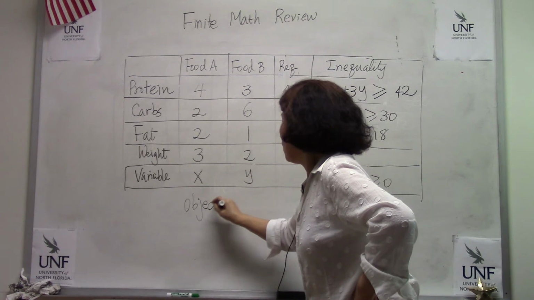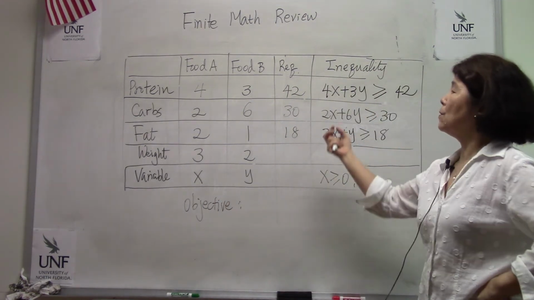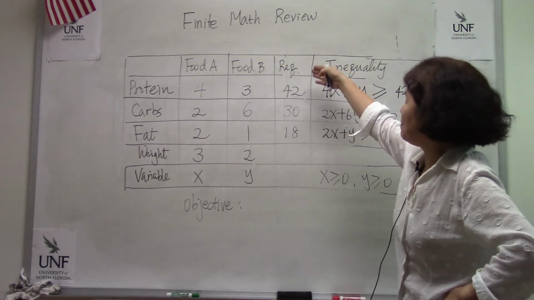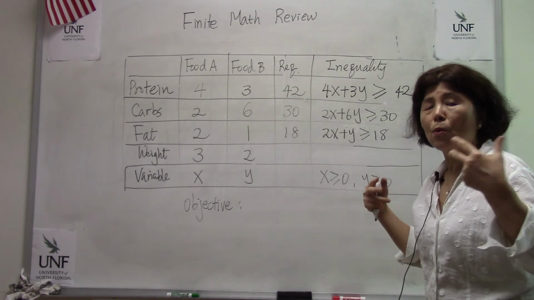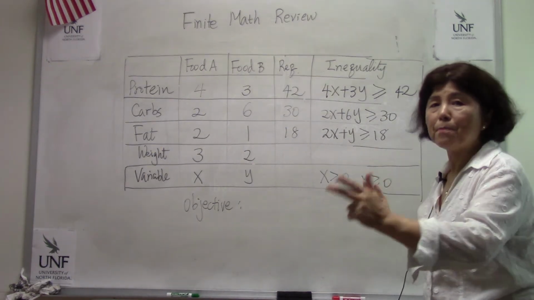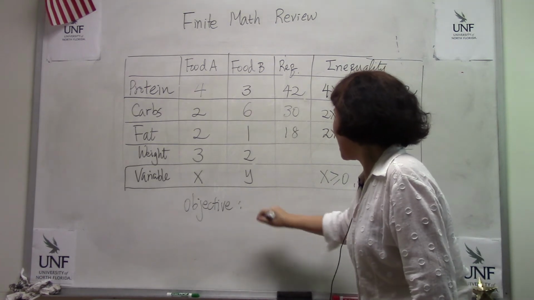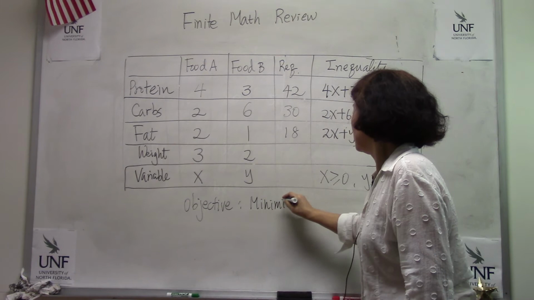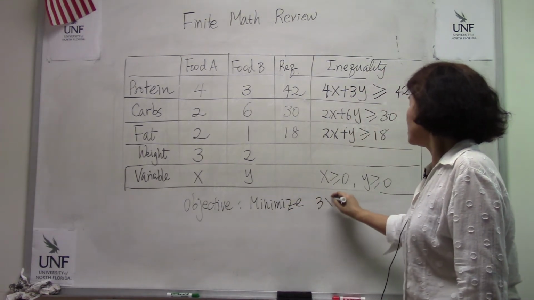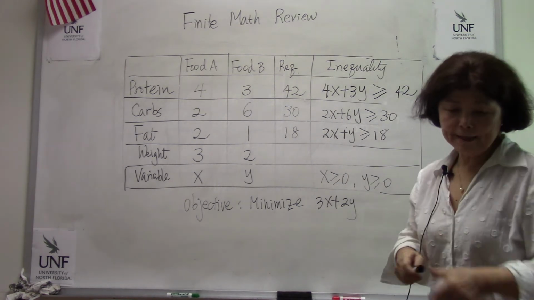Our objective is to provide food so that they meet those minimum requirements, and at the same time we are going to make these at a minimum weight. So the objective is this time not maximize, but minimize 3x plus 2y. Okay.